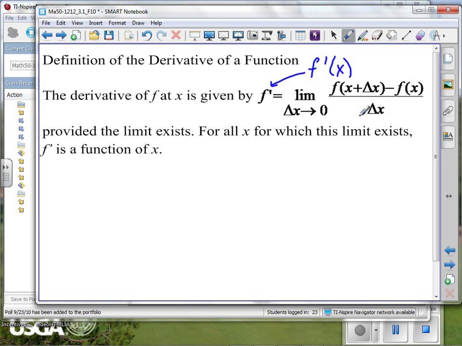Basically, in one word, what does this fraction represent? Slope. Okay, so this is nothing more than slope. So f of x is the output of, let's say, the first point, or a point. What does this f of x plus delta x represent?